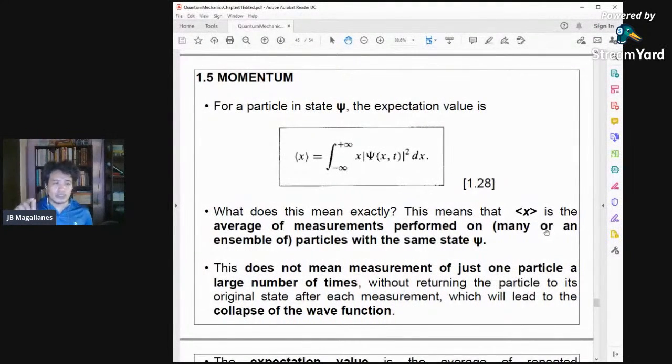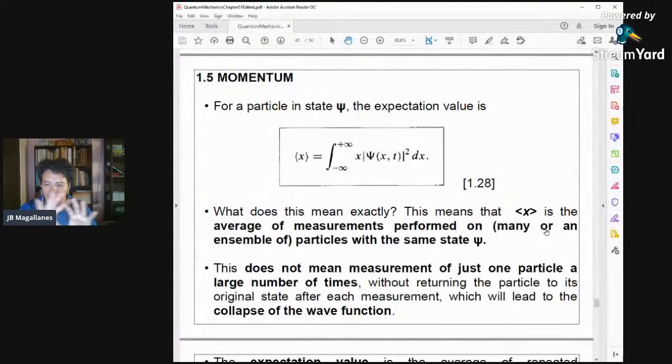It's not just one system. You have an ensemble of identical systems that you are measuring only once. You're measuring only once, because if you measure them, that will affect their wave function. The wave function of the particle after the measurement will not be the same as the wave function before the measurement.